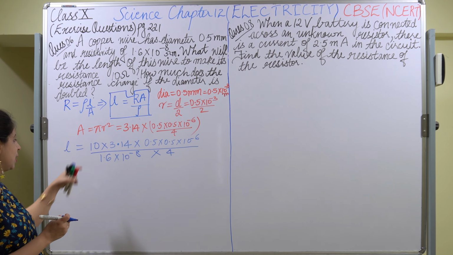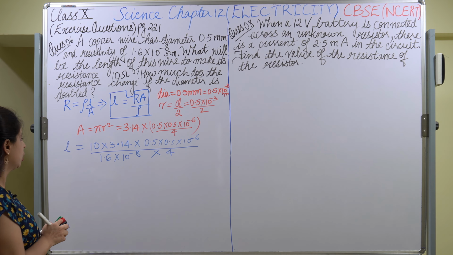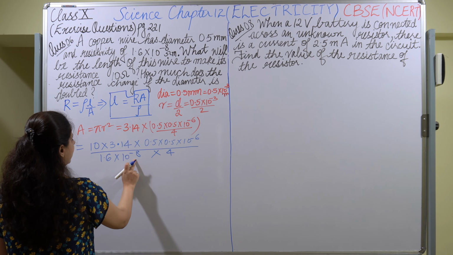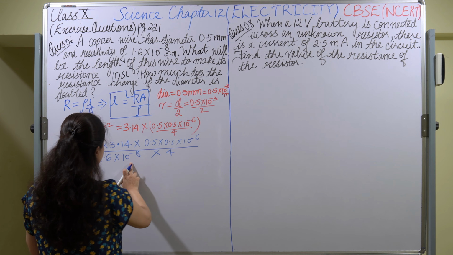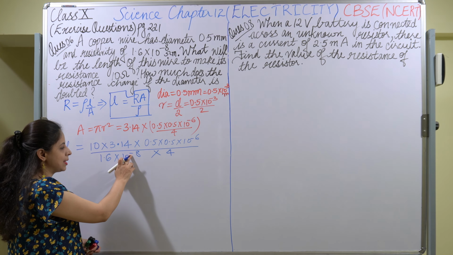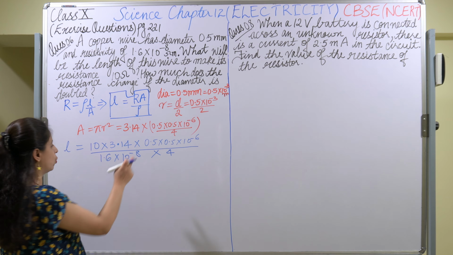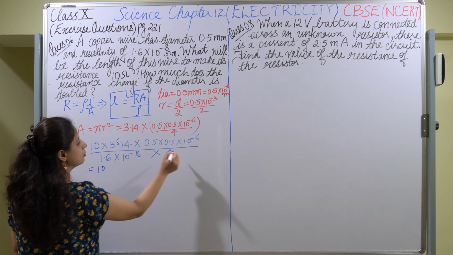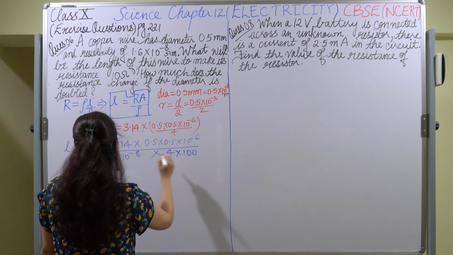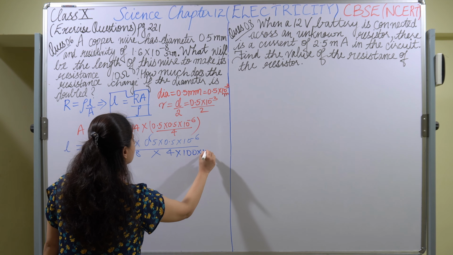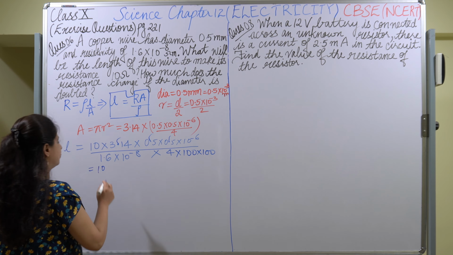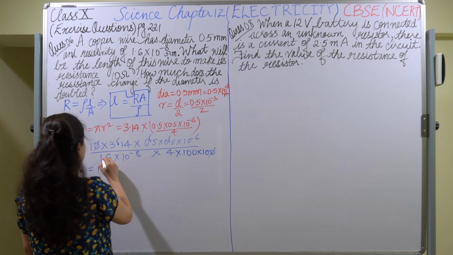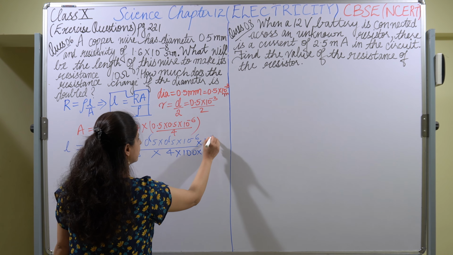So ultimately we are left with this much over here, so let us solve them. When this goes towards the numerator side, the sign of minus will become positive. So this gets cancelled, also this gets cancelled.